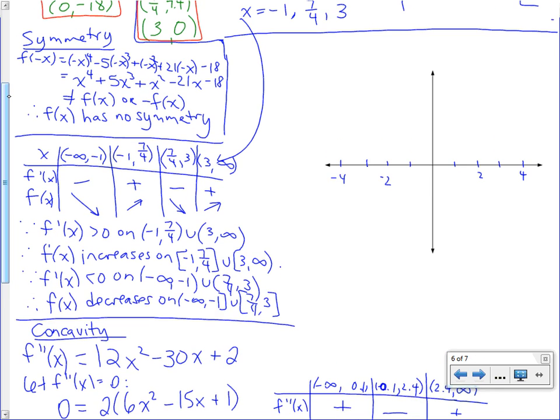So shall we go 10, 20, 30, 40, and -10, -20, -30, -40. Again, if you want to just label -20, -40. Okay, so there's my axes with a scale.